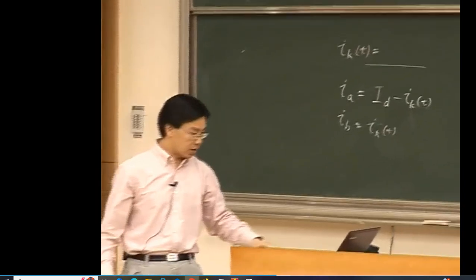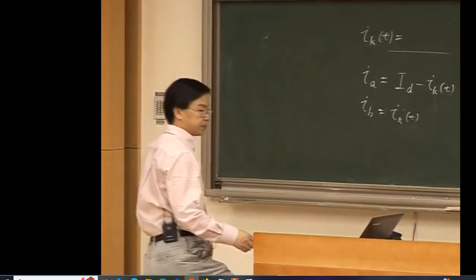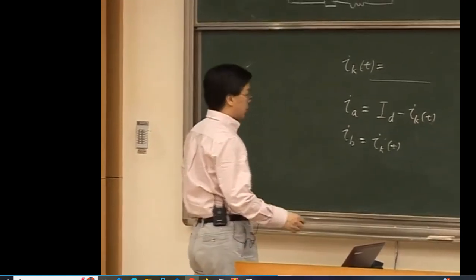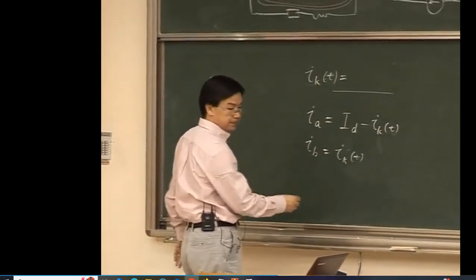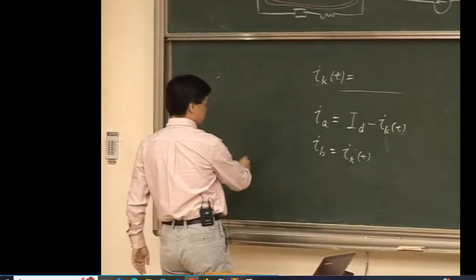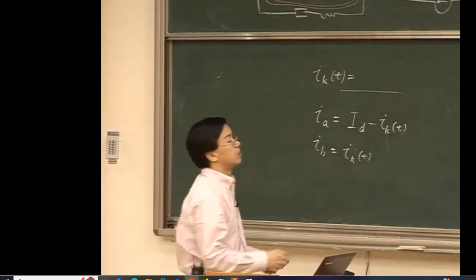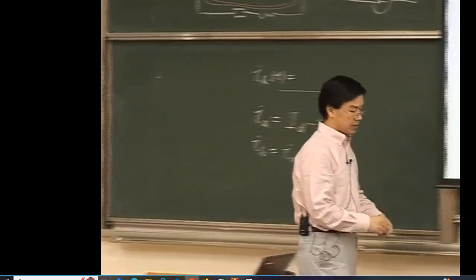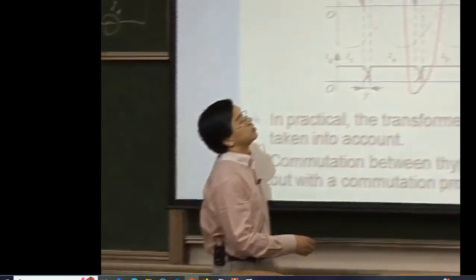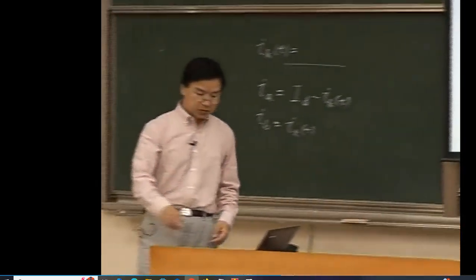But those are not what we really care about. What we really care about is that during this commutation process, how much the load voltage is between these 2 points.